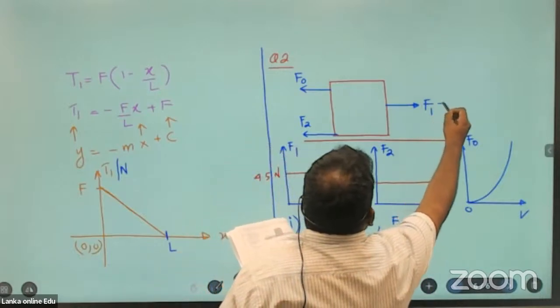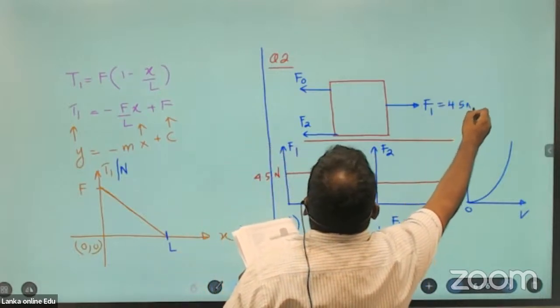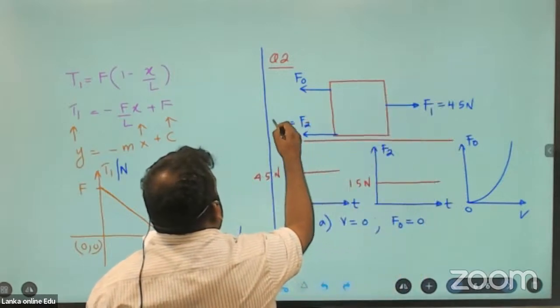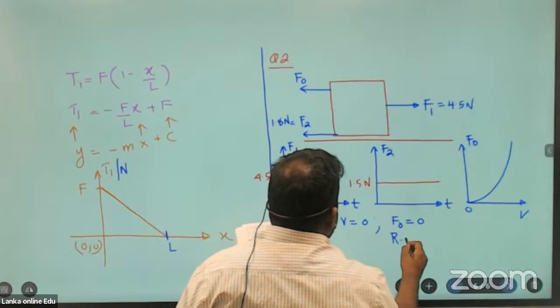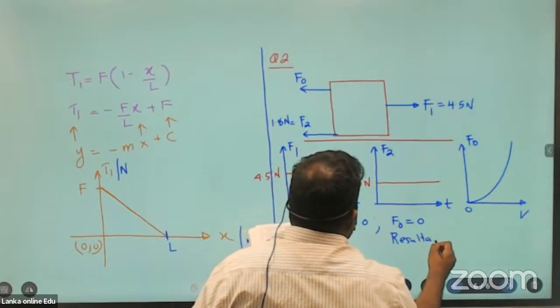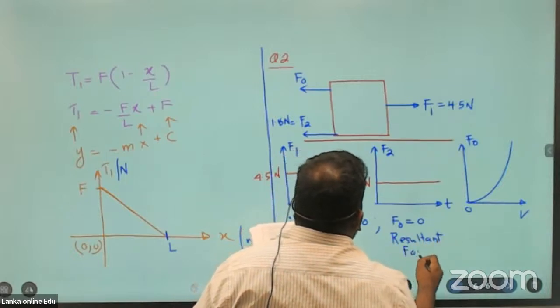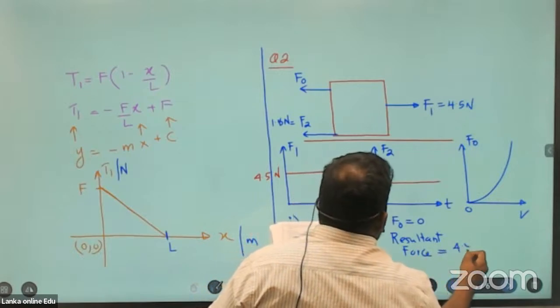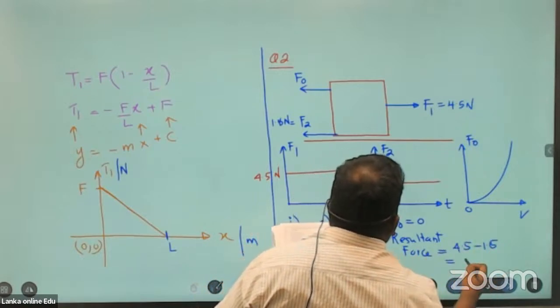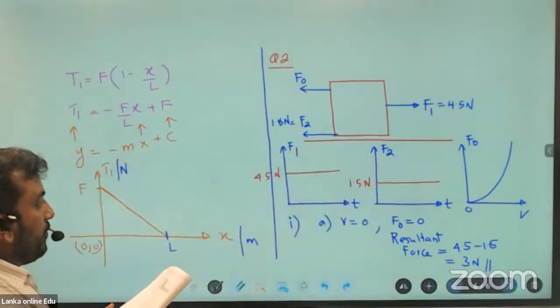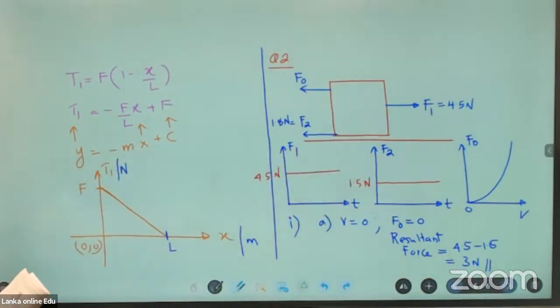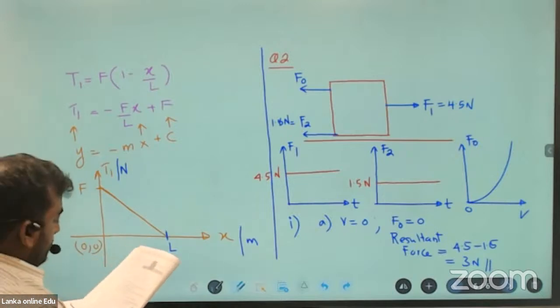This is 4.5, this is already 1.5. So the resultant force is 4.5 minus 1.5, altogether 3 Newtons.